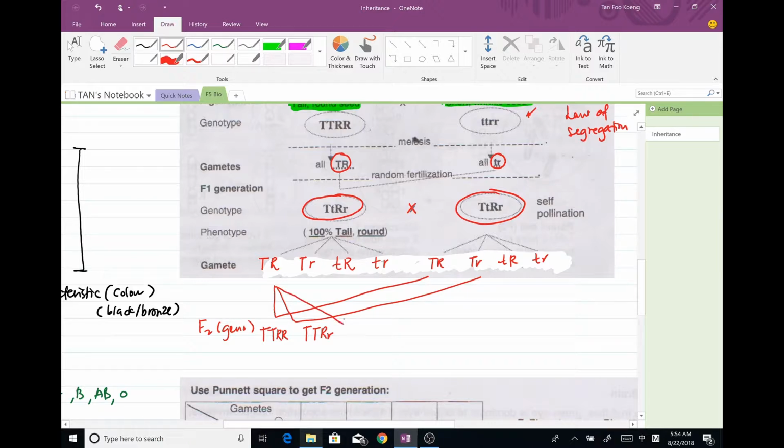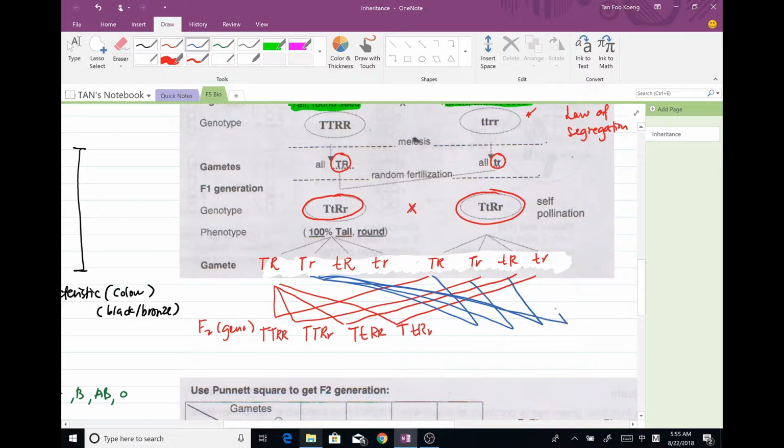And of course, during random fertilization, it has an equal chance to fuse with another gamete to give rise to the second filial generation with this genotype. So we may want to complete it, and you will discover that doing so is actually very troublesome.